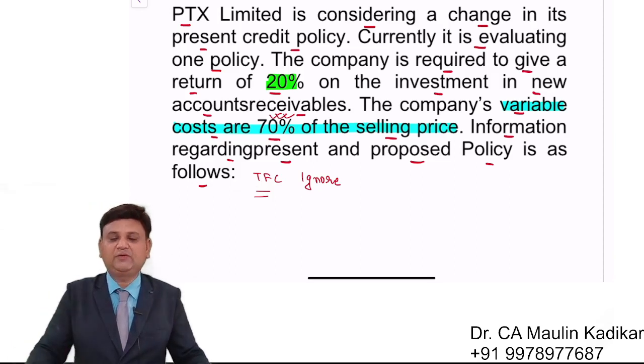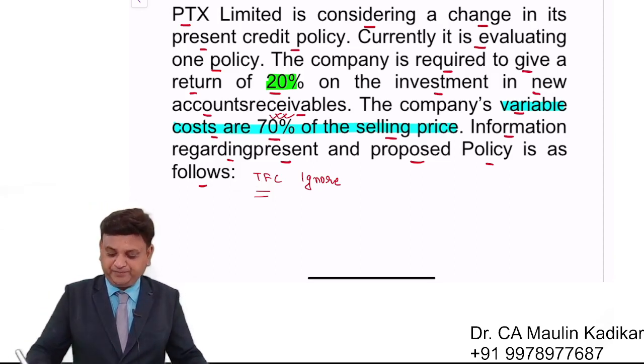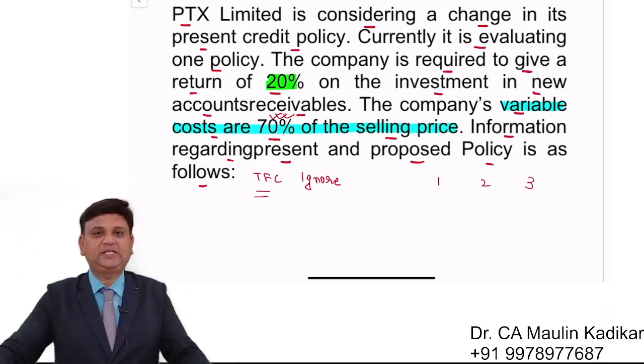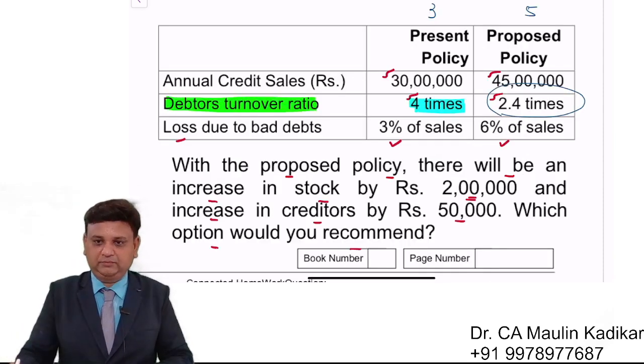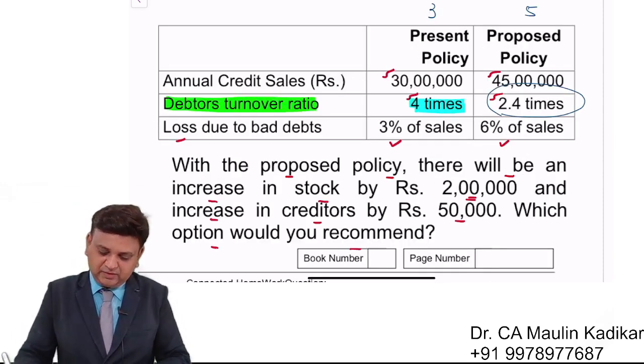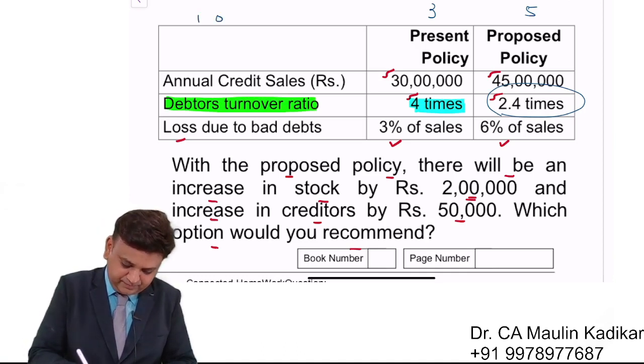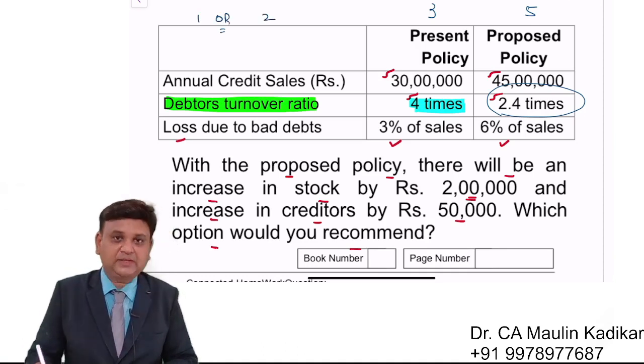One more question I want you to answer in the chat box: can this question be solved by all 3 methods, or by any 2 methods, or only by a single method? Please write the answer in the chat box. Friends, over here we can answer by either the first method or the second method.